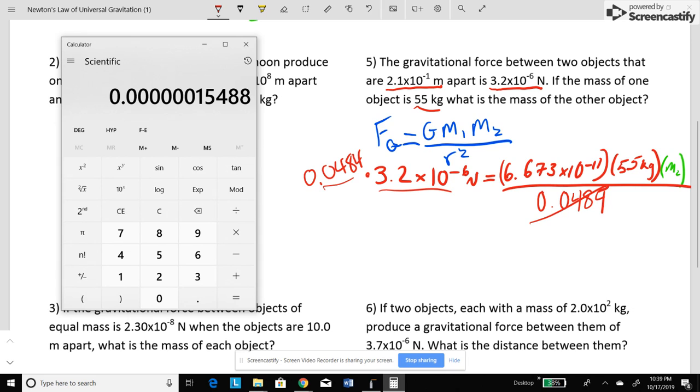It's going to be 1.55 times 10 to the negative 7.